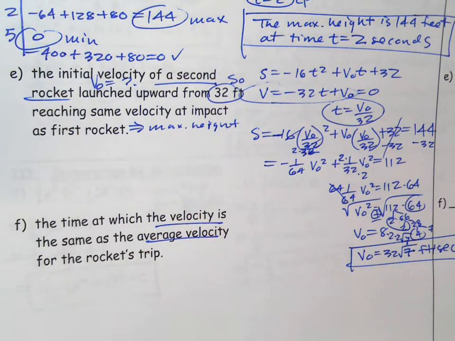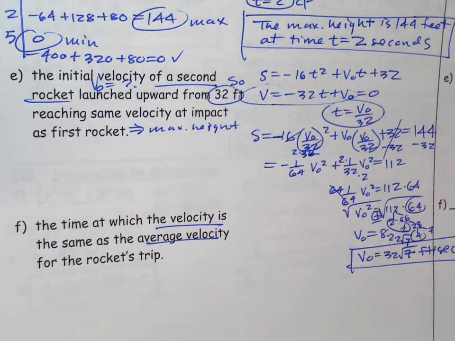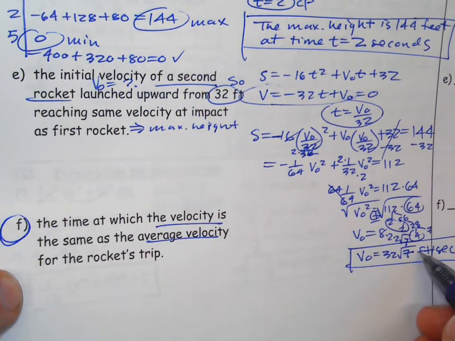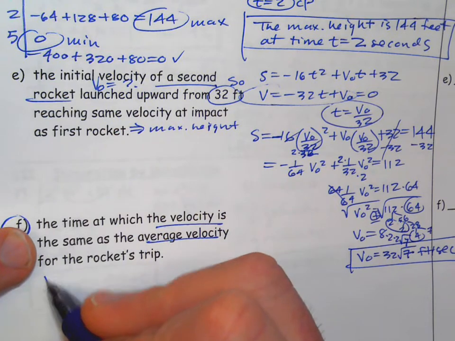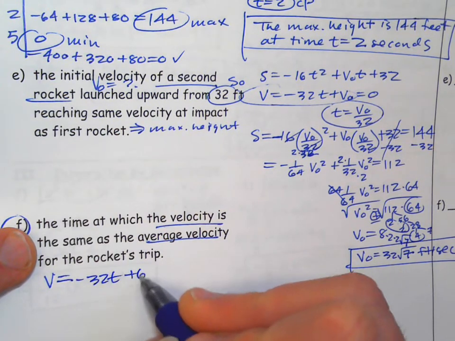Now, I guess this one's supposed to be for the first one. I mean, we could do it for this one, but it's going to be gross. So let's try it for the first: velocity equals negative 32t plus 64.